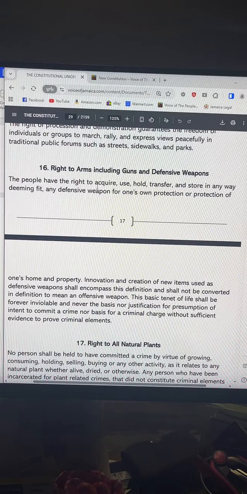So I respectfully disagree with your proposition that most people cannot restrain themselves from violence or some kind of, I guess, unwarranted use of a defensive weapon.